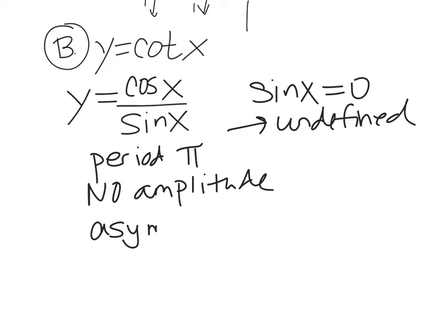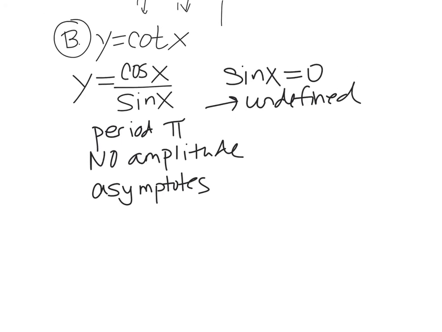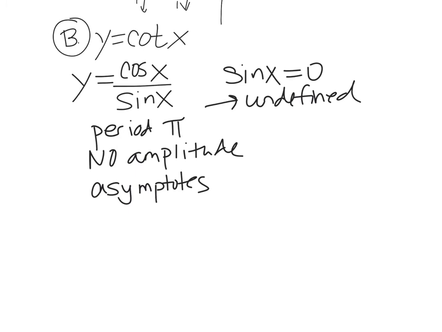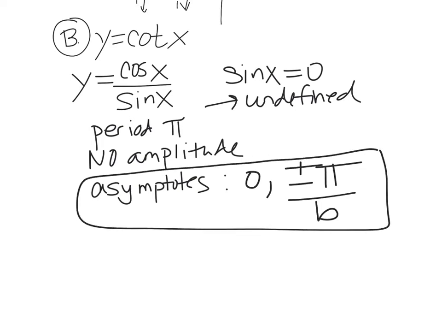I think cotangent's a little easier to graph because the asymptotes are going to be at 0, because we know that sine is 0 at 0 when we graph it, right? And then it's also at plus or minus pi over b. Okay? So there you go.